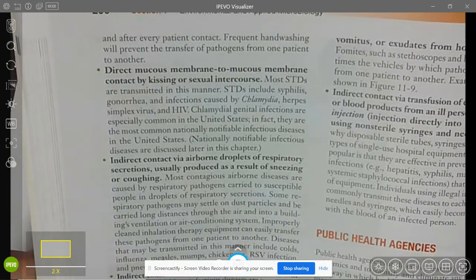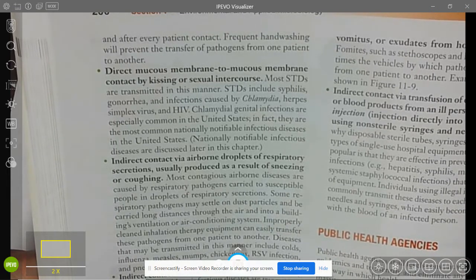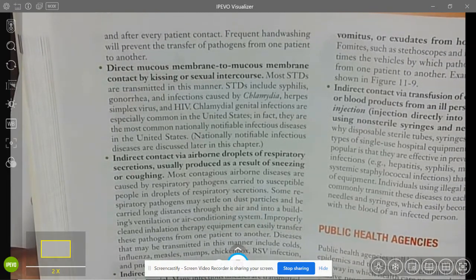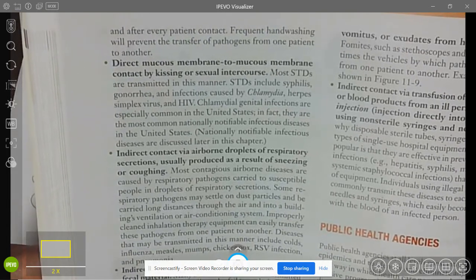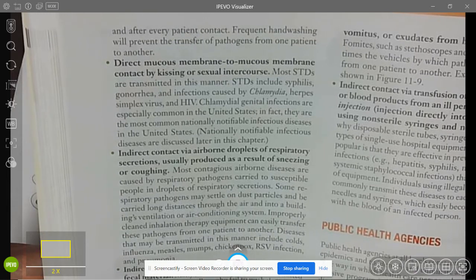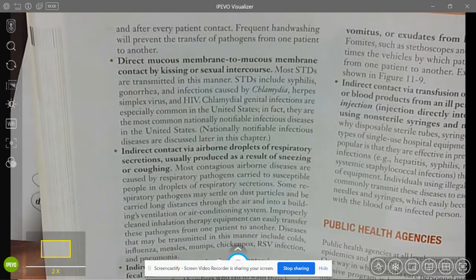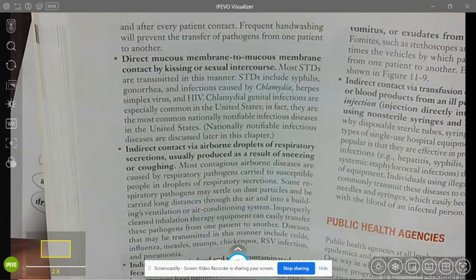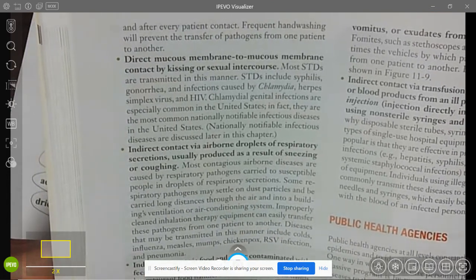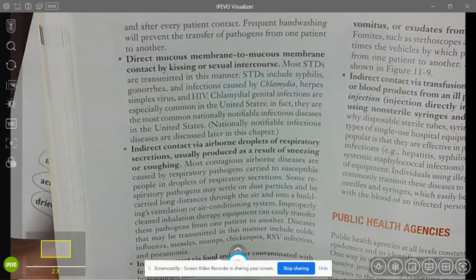So they're characterizing direct mucous membrane to mucous membrane contact by kissing or sexual intercourse. So when you're talking about kissing or sexual activity, sexual contact, you're usually talking about mucous membrane to mucous membrane in some form, whether it is oral, whether it's vaginal, or whether it is anal. So all of those things involve mucous membrane contact.